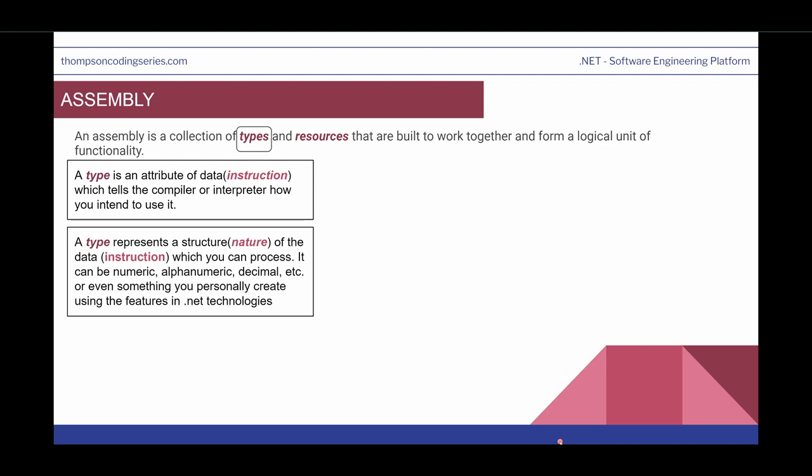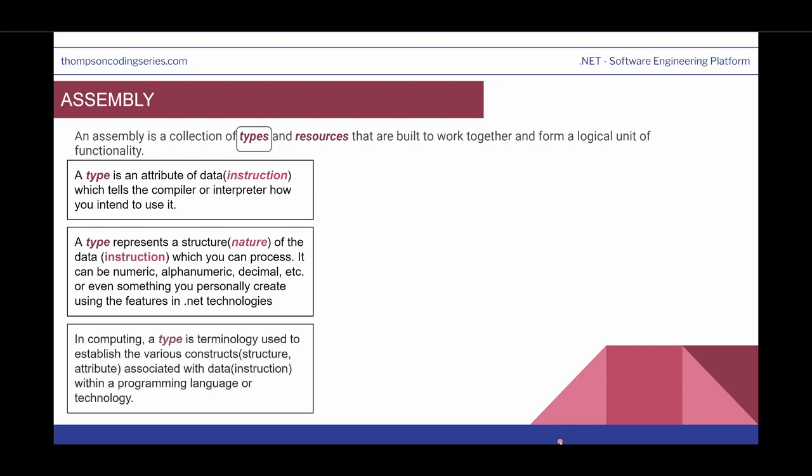It can be numeric, alphanumeric, decimal. So in computing, a type is a term used to establish the various constructs, structure, and attributes associated with data within a programming language or technology. I actually prefer that definition of a type because it's closely related.